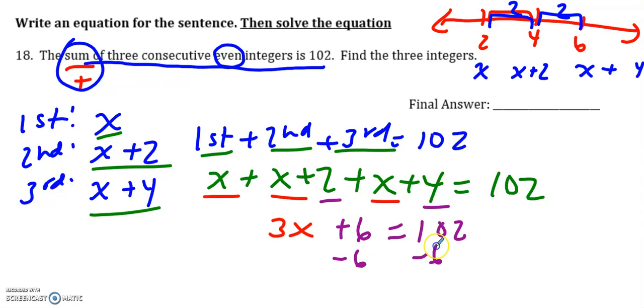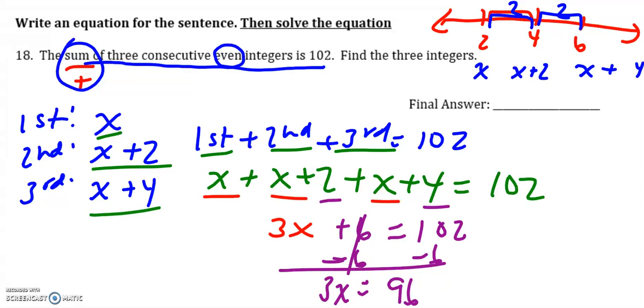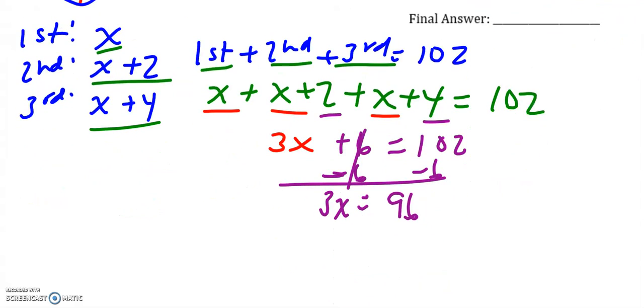Subtract the 6. 3x would equal 96 if I subtract 102 minus 6. If I then divide both sides by 3, I would get x equals 32.